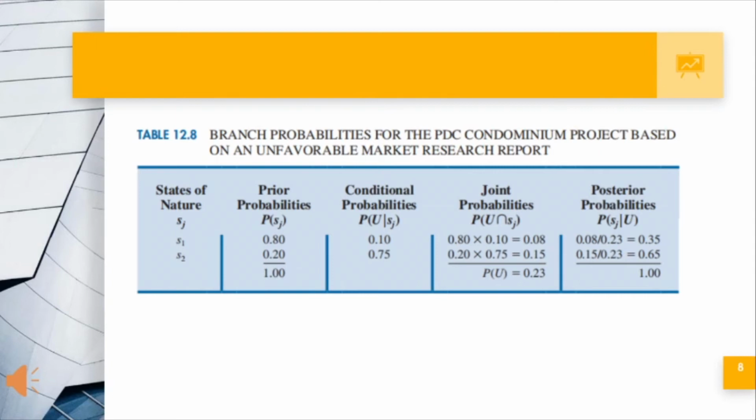If an unfavorable report is obtained, the posterior probability of a strong market demand is 0.35, and of a weak market demand is 0.65. The branch probabilities from Tables 12.7 and 12.8 were shown on the PDC decision tree in Figure 12.6.